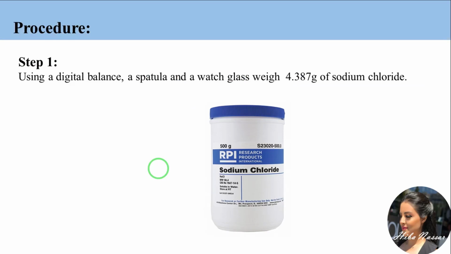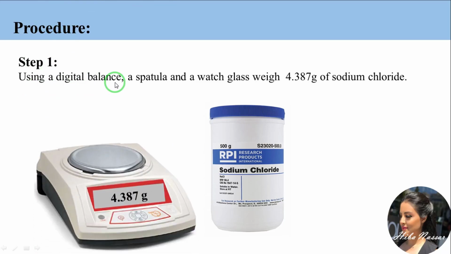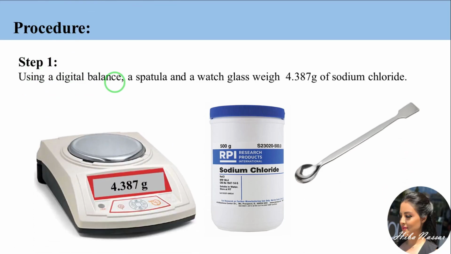Now, what is the used procedure in order to prepare this solution? Step number 1. Using a digital balance, a spatula, and a watch glass, weigh 4.387 gram of sodium chloride.